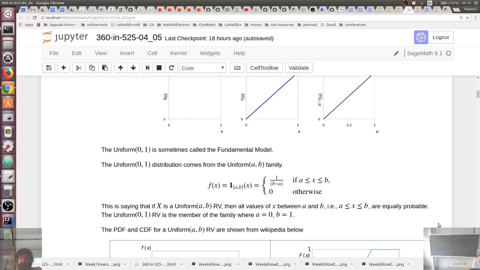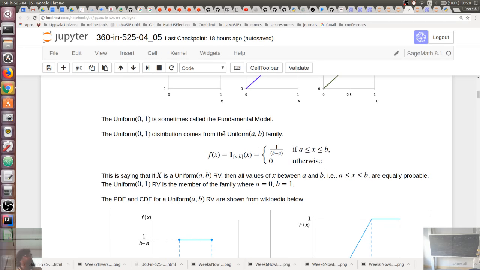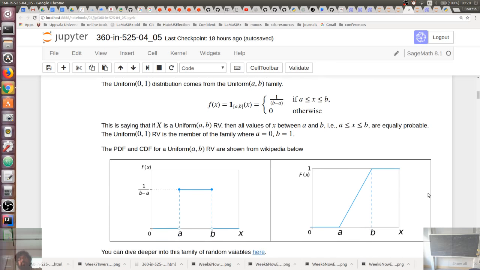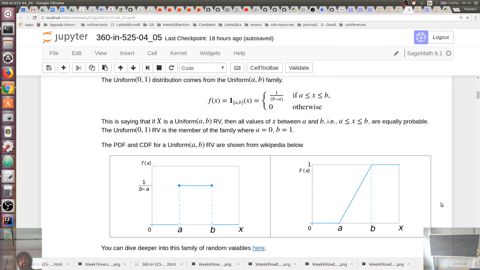Okay, so this is just a generalization of the uniform 0, 1 random variable. We have f of x as the indicator function on a, b, and it's exactly the same. The picture is something like this. The density is going to be 1 over b minus a because the rectangle area should sum to 1.